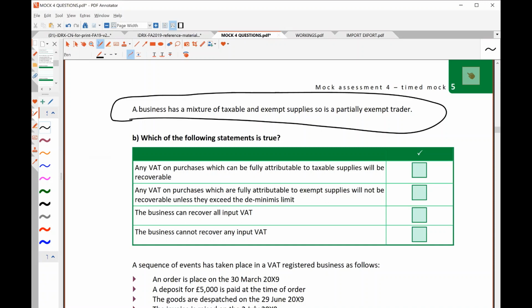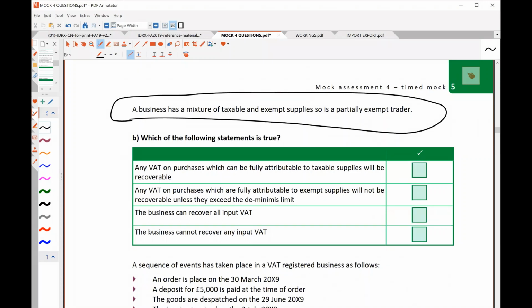So this is a business that trades with taxable and exempt supplies. Okay. So it is all about reading the question and then reading it again until you understand what it's trying to say.